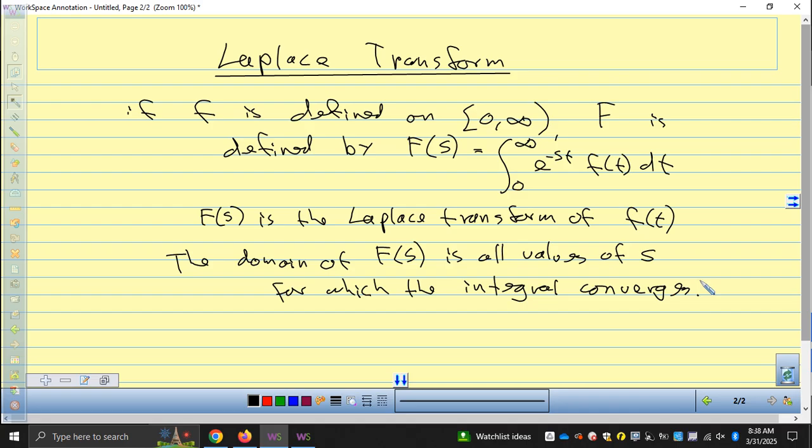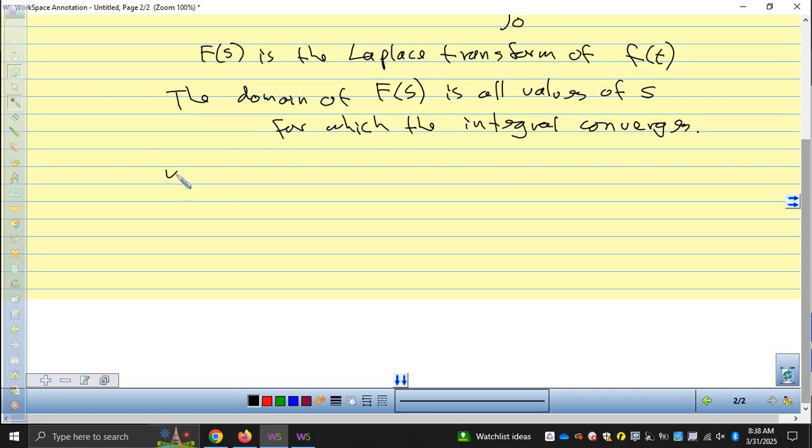And we also write the Laplace transform as L of f of t, a nice script L. Usually we use lowercase letters for our functions of our original variables and uppercase letters for our transforms.